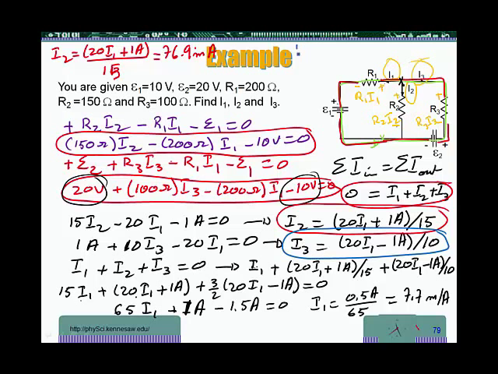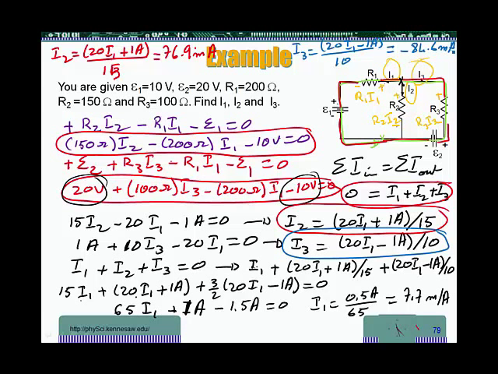So I3 is going to be 20 I1 minus 1 amp over 10. So it is minus 84.6 milliamps.